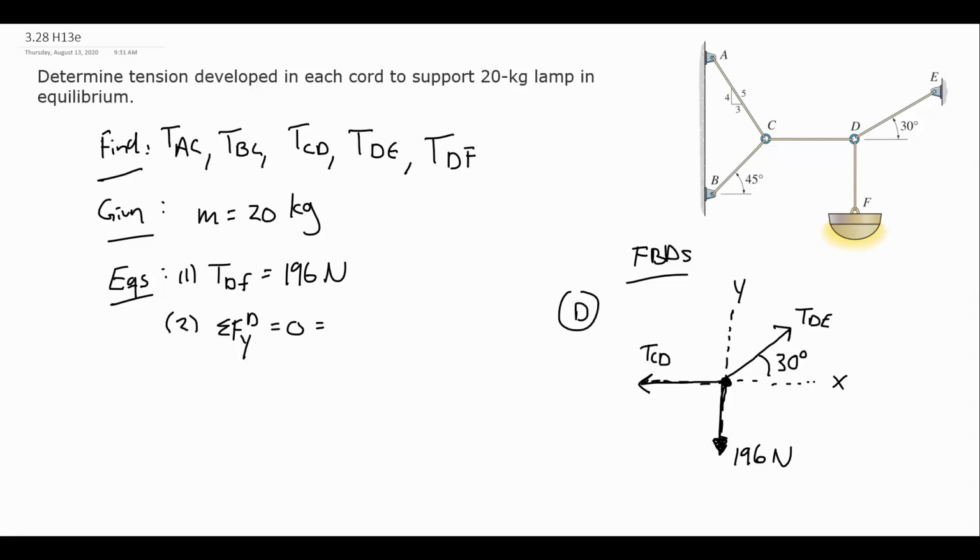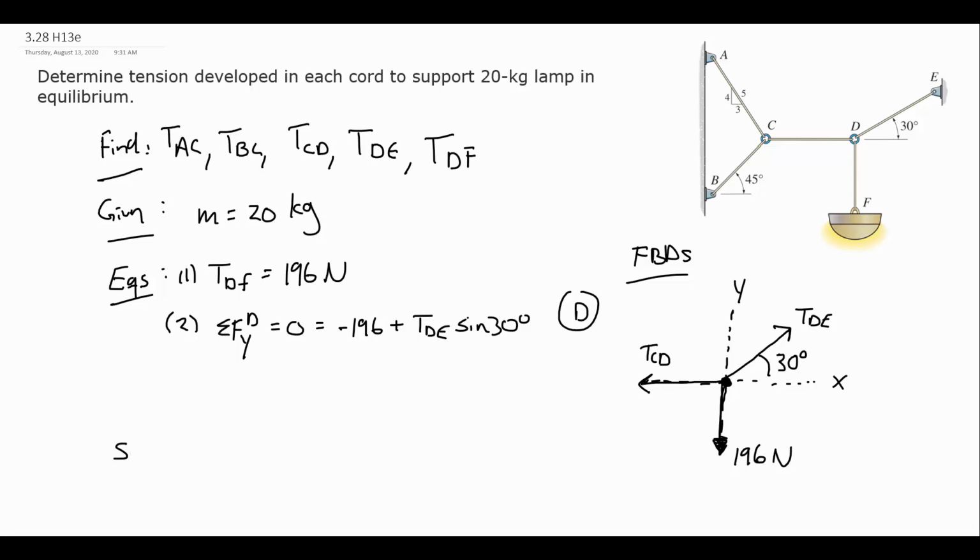So in this picture, in the y direction, I'm going to have all of the weight of the lamp down in the negative y direction, none of TCD, and then the sum of TDE, so TDE and sine 30 degrees.